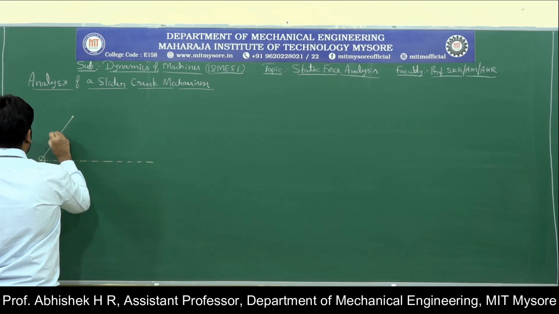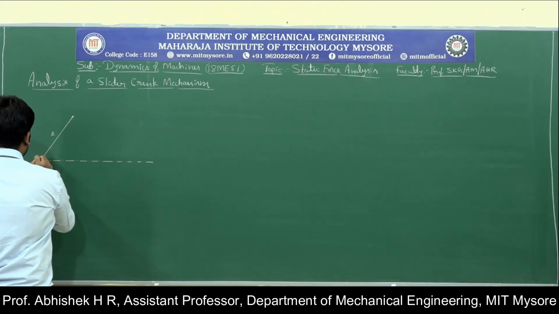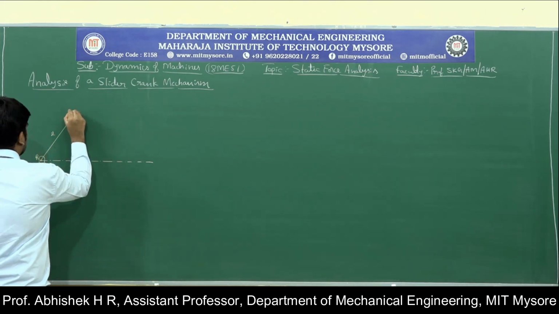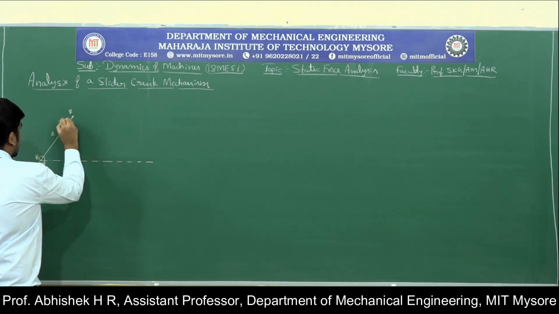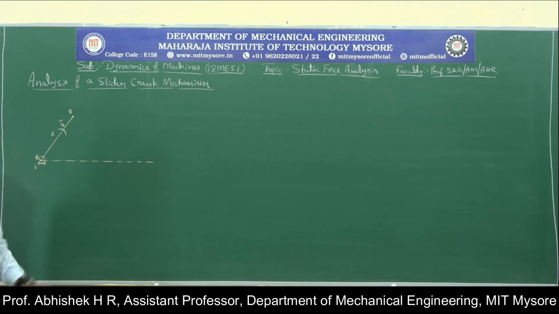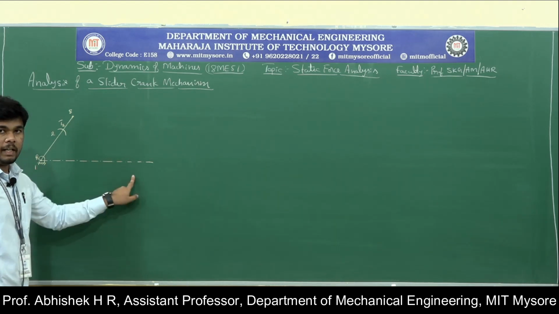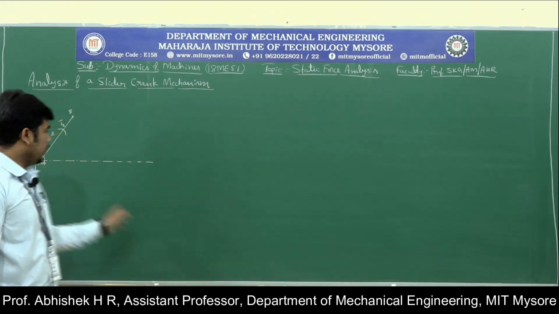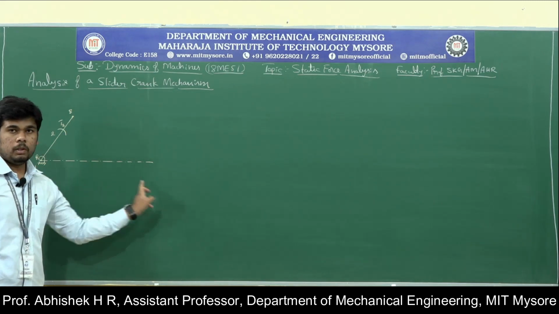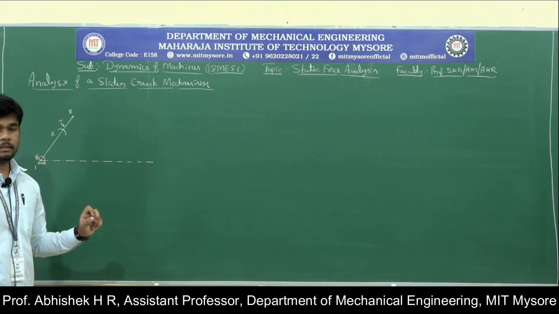So, this is link 2, this is point A and this is point B. There is a torque on link 2, that is T2. First, I have drawn the fixed link. In the problem, they will give the distance, and based on that, I have to construct the fixed link.